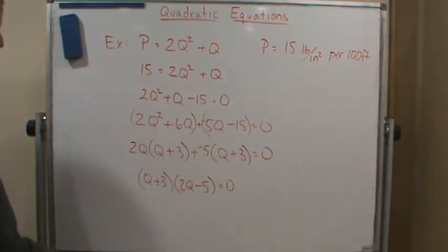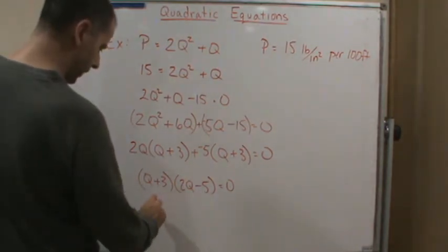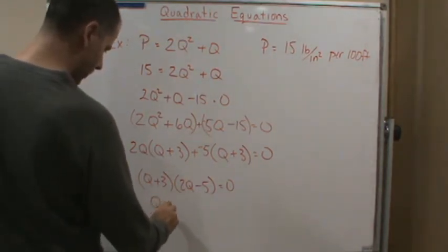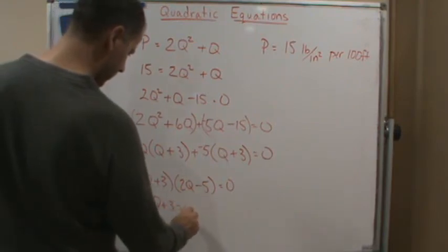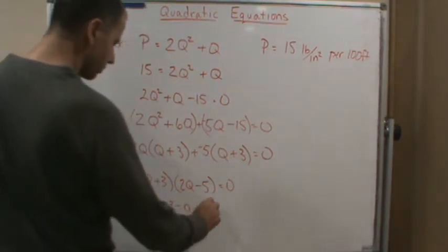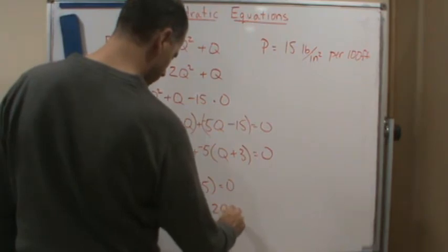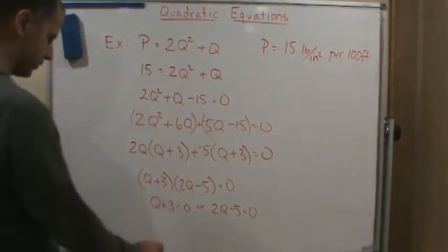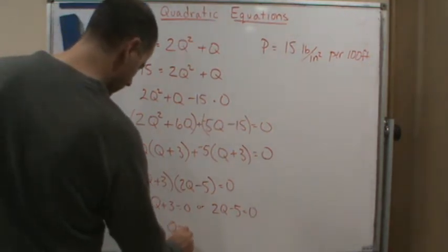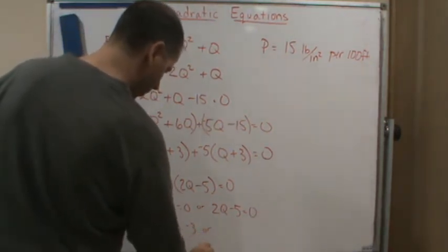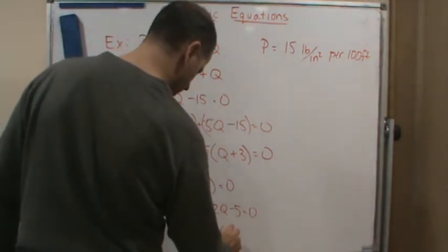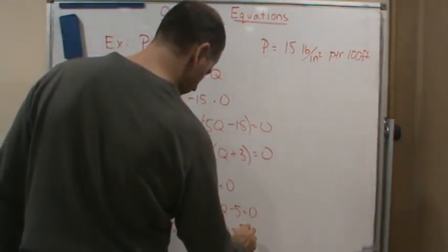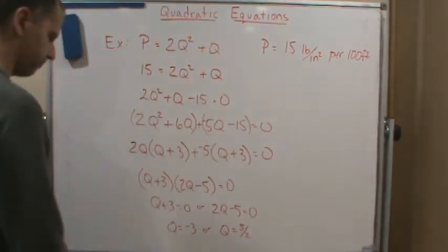And now, by the zero product principle, we know that either Q plus 3 equals 0 or 2Q minus 5 equals 0. We'll solve this. And so that means Q is equal to negative 3 or Q is equal to 5 halves.